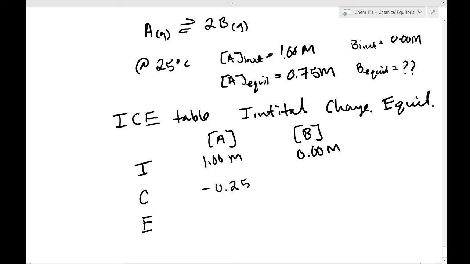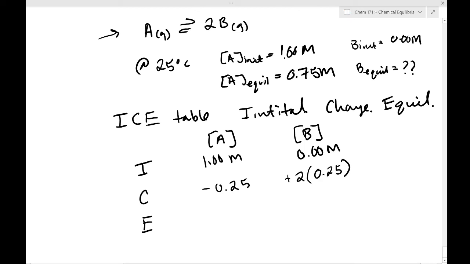Okay, and in the case of B, we must have a change in B that is equal to 2 times the change in A, and this would be a positive increase, based on the stoichiometry of the problem. Every A that we decompose, we must make 2B. So this must be 2 times 0.25 molar.